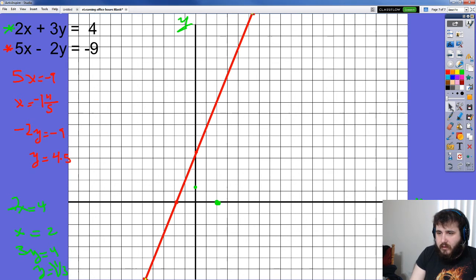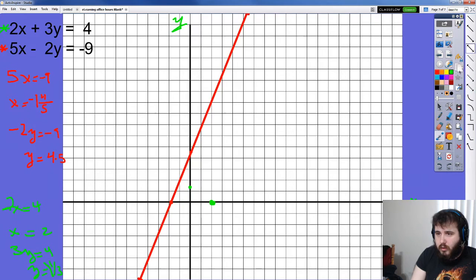But the key is it's got to go through both. Notice here, that's where they line up, right?